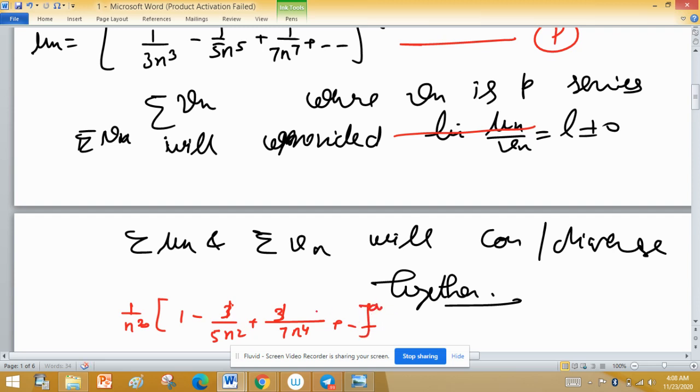When raised to the power a, the leading factor will be 1 upon n raised to the power 3a.